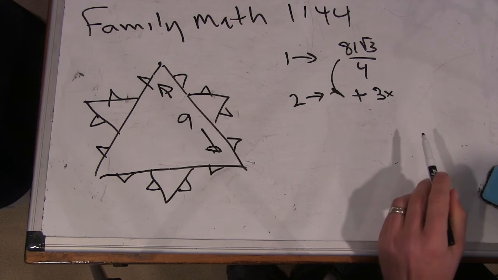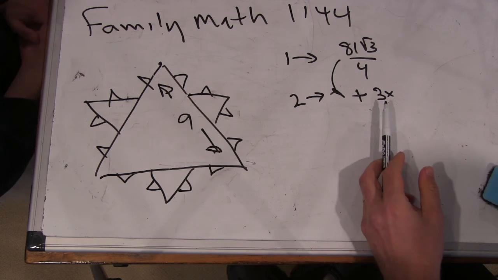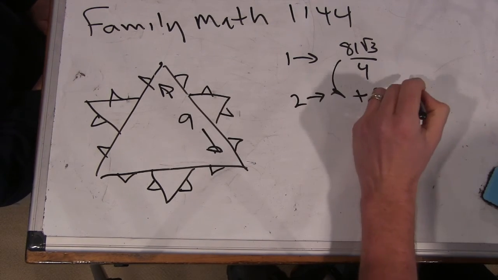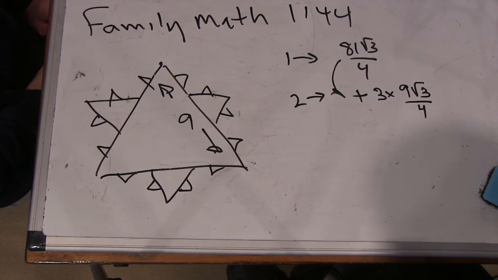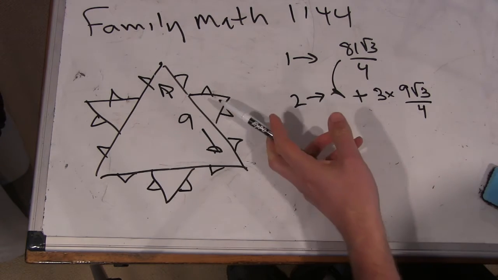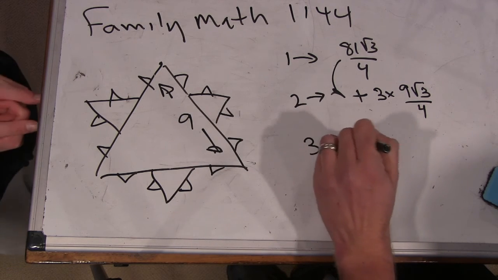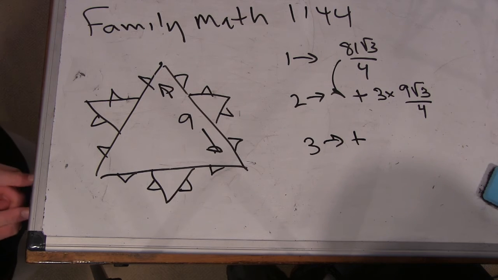So 27 root 3 over 4. Okay, so we're adding on 3 triangles, 1, 2, 3, and they're all 9 root 3 over 4 area? Yeah. Okay. Alright. That's nice, because these ones are side length 3. Okay, so we've got all this, plus what are we adding on here at the third step?